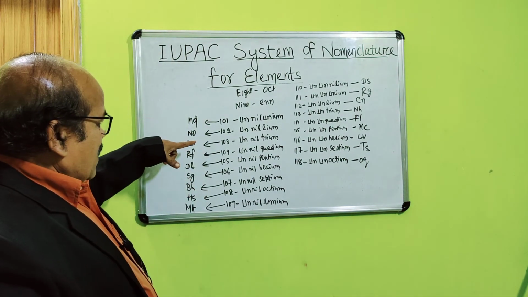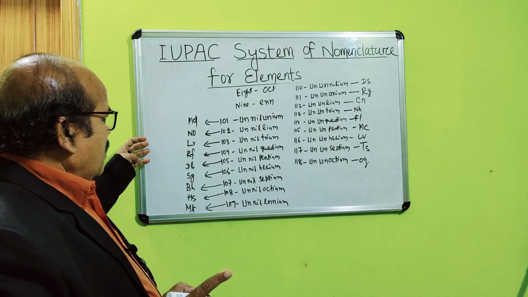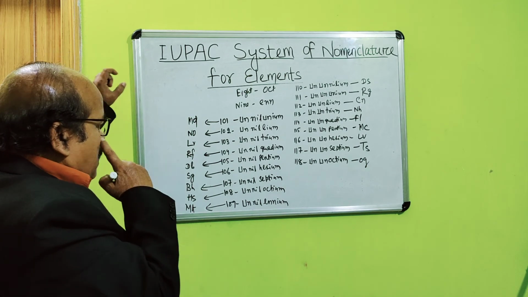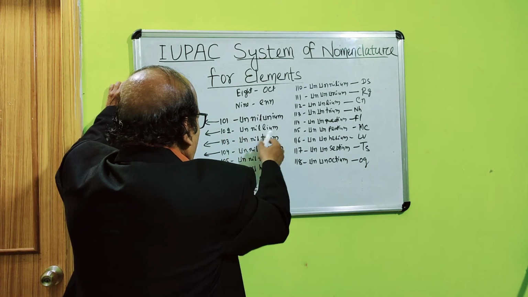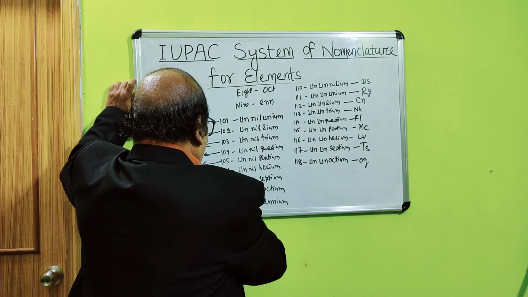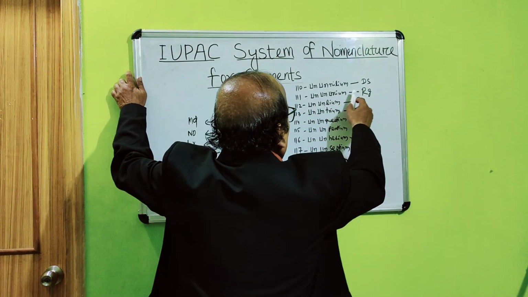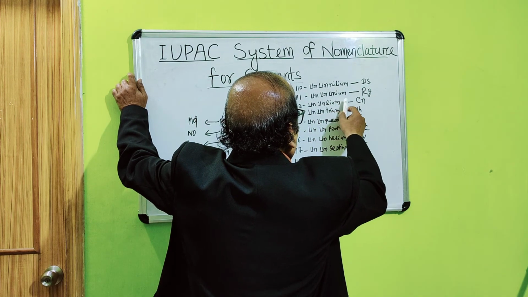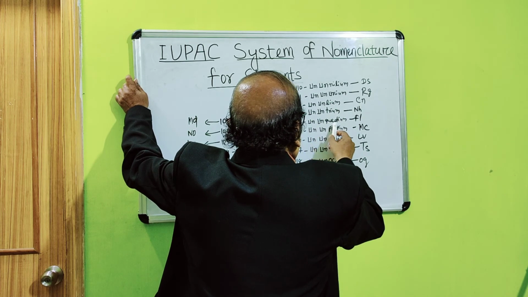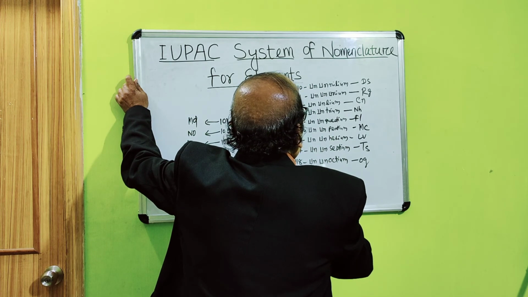So initially, when you are unable to get the name of the element, you have to remember the easy method for naming the elements, like 101 un-nil-unium, un-nil-bium, un-nil-trium, un-nil-quadium, un-nil-pentium, un-nil-hexium, un-nil-septium, un-nil-octium, un-nil-ennium, un-un-nilium, un-un-unium, un-un-bium, un-un-trium, un-un-quadium, un-un-pentium, un-un-hexium, un-un-septium, un-un-octium.